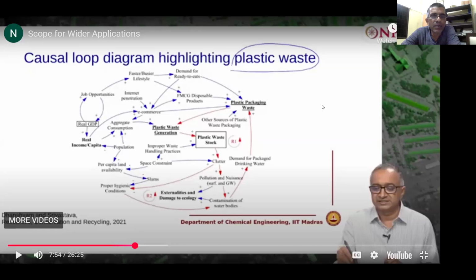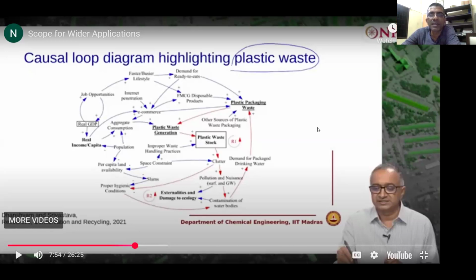So it will lead to contamination of water bodies, right? Obviously, all pollution ends up in the water bodies. We all know, because water bodies are nobody's. You won't let somebody else put garbage in your house, but you won't mind if they put it in a water body. So that leads to less clean drinking water. Who is going to drink that dirty water? Let me buy water.